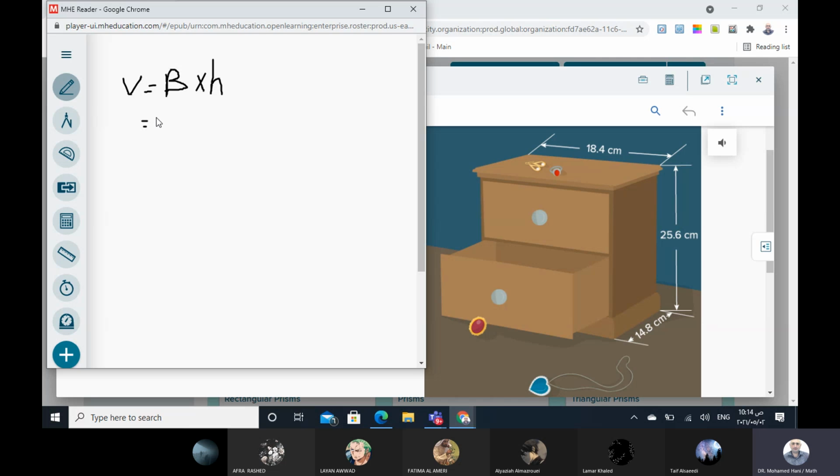So we can write here 18.4. And what is the width? As you see, the width is 14.8. Times the height. As you see, the height is 25.6.